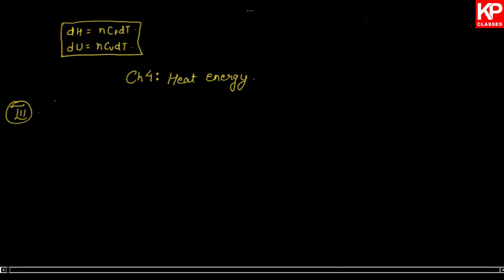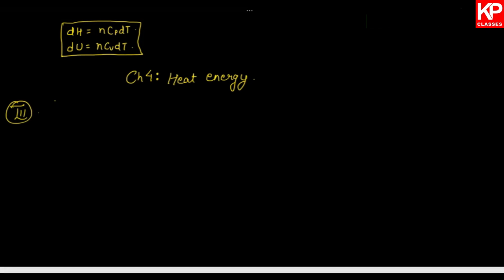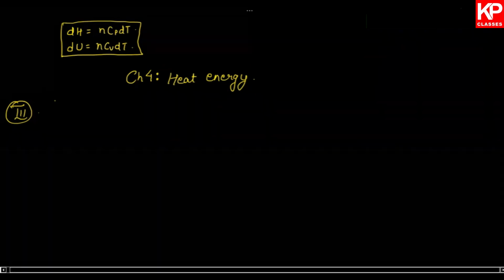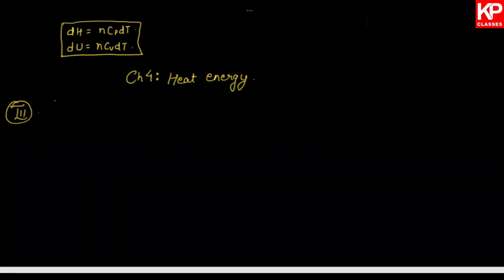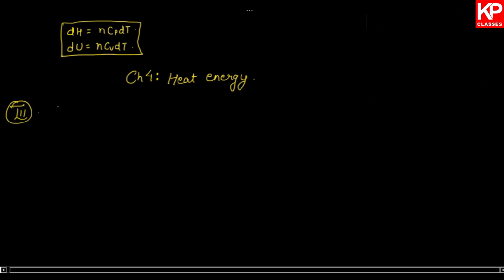We already know that the path variables in our course are only two: one is the work done and the other one is the heat energy. We have already seen how work is a path function. Now we are going to see how heat is basically a path function. So the third section will comprise of heat is a path function.